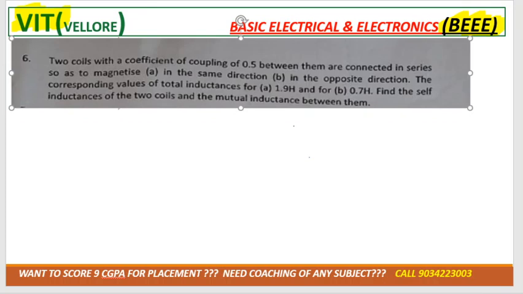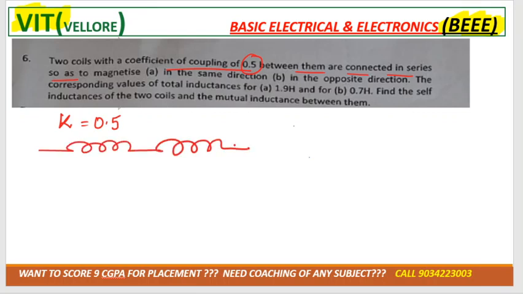See, in this case, they have said two coils with coefficient of coupling 0.5, so K value is how much? 0.5. Between them are connected in series, meaning two coils connected in series in the same direction and in the opposite direction.